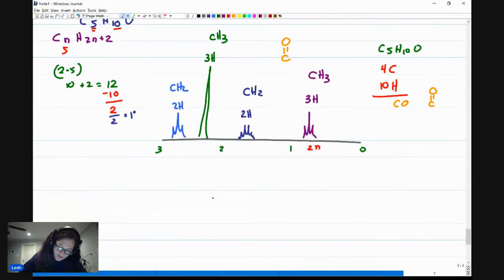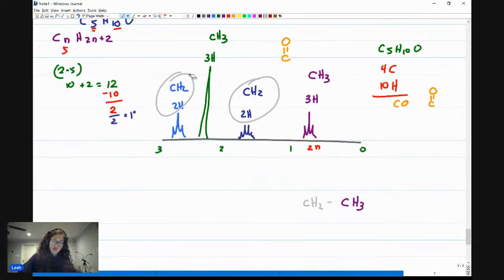So if I have the CH3 at the end of the molecule, I like to do my ghosts in gray. Ghost meaning I don't know what this is, but I know that there's going to be a CH2 right here. And the question is, given that I have 2, is it the dark blue or the light blue? Did not mean to make them both blue, but so I know that there's a CH2 next to it.